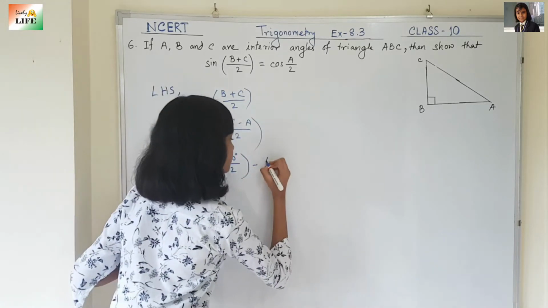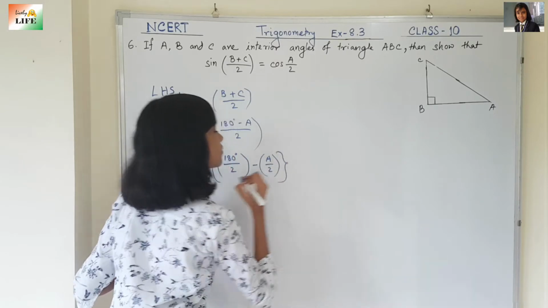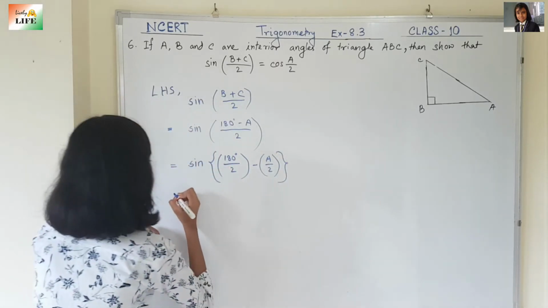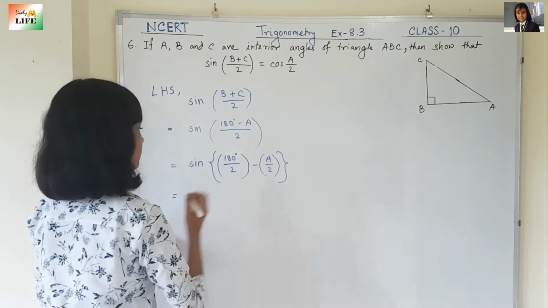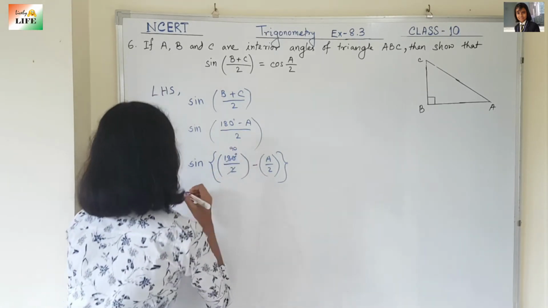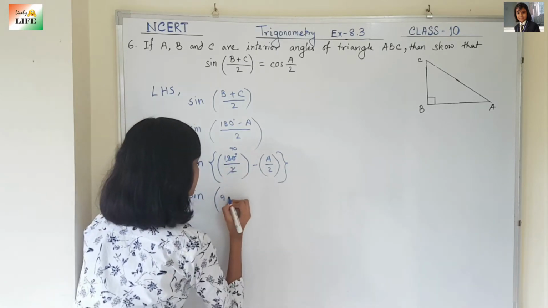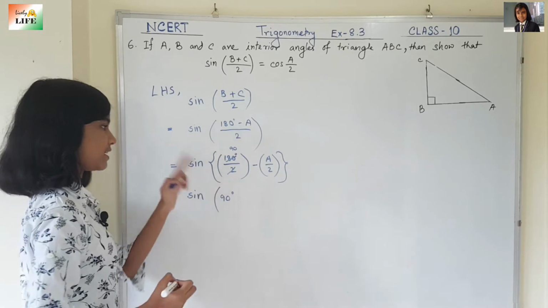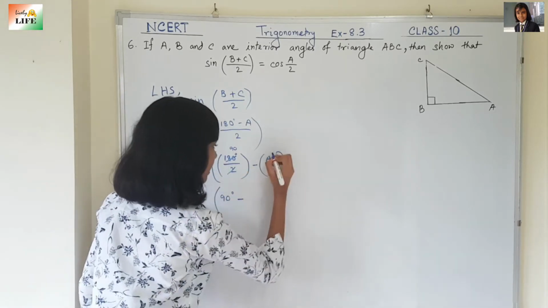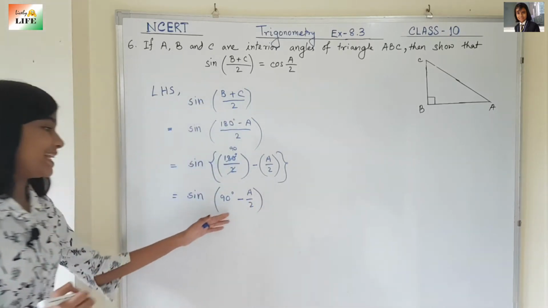Okay. Now 180 by 2 is 90 degree, right? So sine (90 degree minus A by 2).